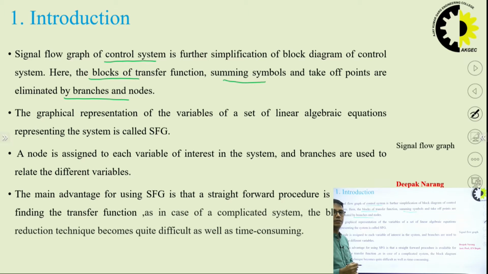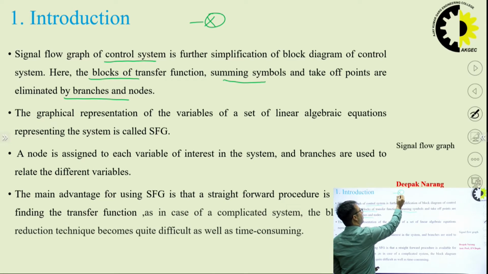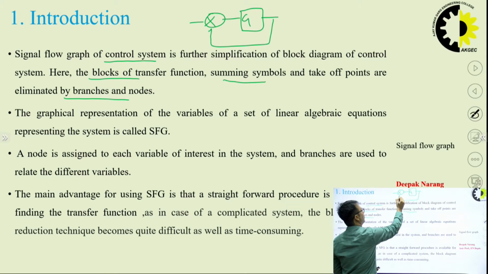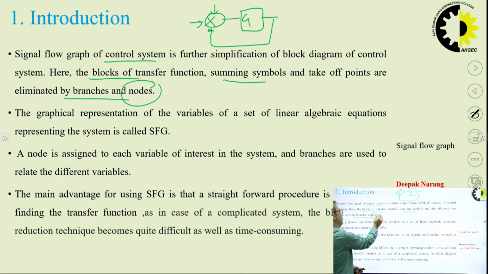So in this method, the complete block diagram is converted into signal flow graph by eliminating all the summing points. Like if we are having this simple block diagram, we eliminate these such blocks by the term node.